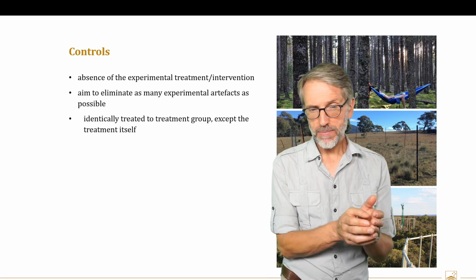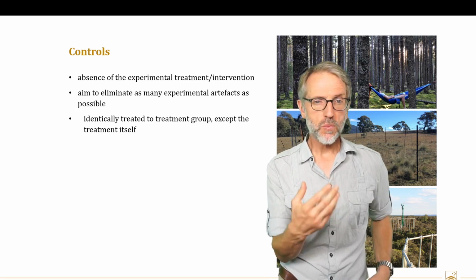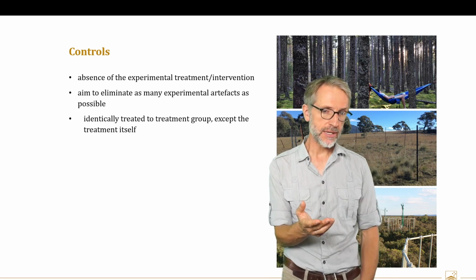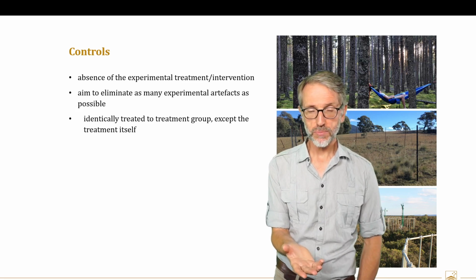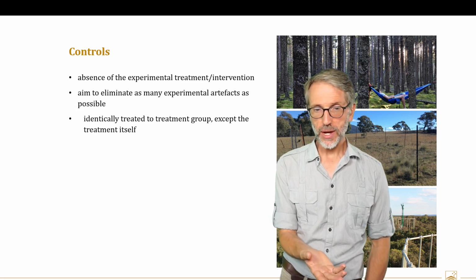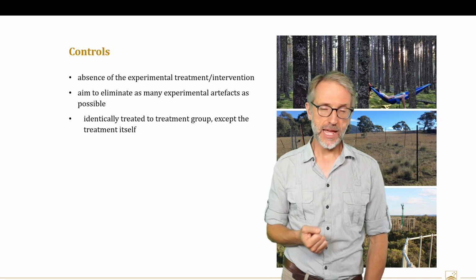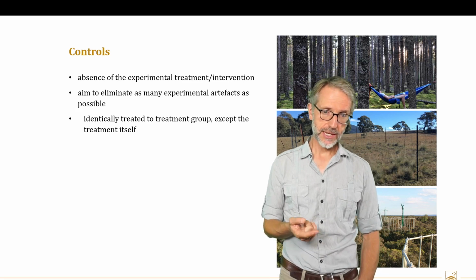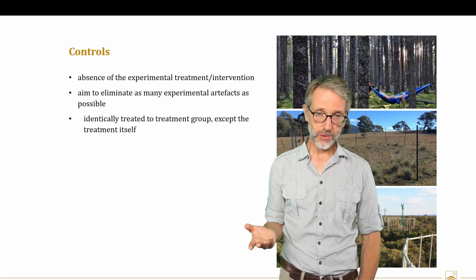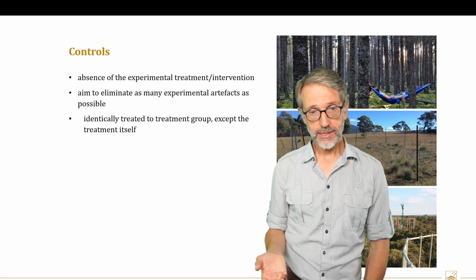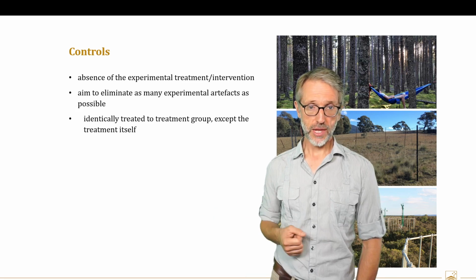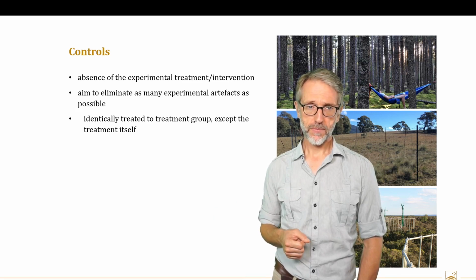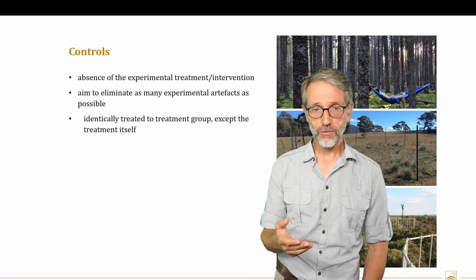That is an experimental artifact. We weren't actually interested in the nutritional effect of applying the mycorrhizal spores, but we got it anyway. So any benefit, any change in the plants after the application of the mycorrhizae might, in part, be a product of that artifact, the nutritional artifact. We have to control for that.